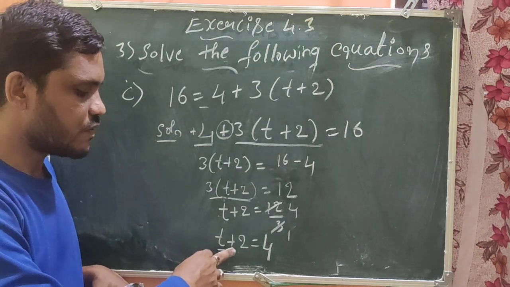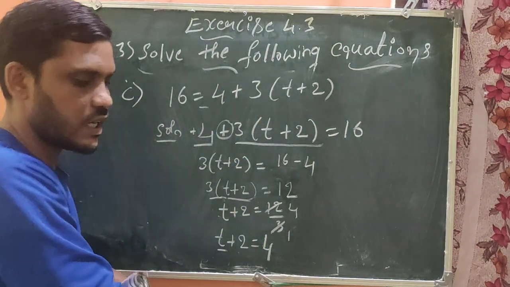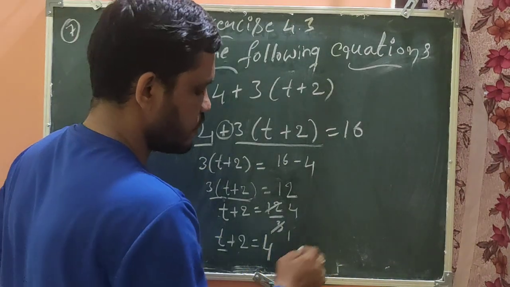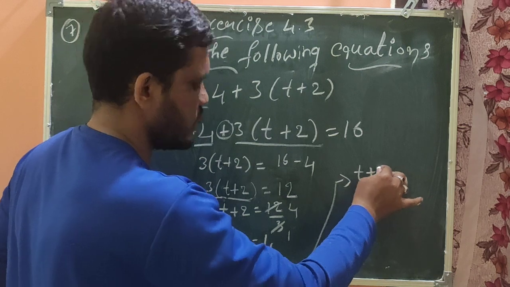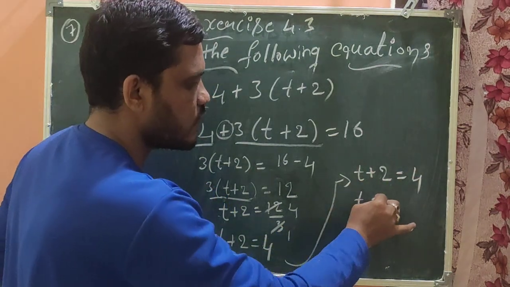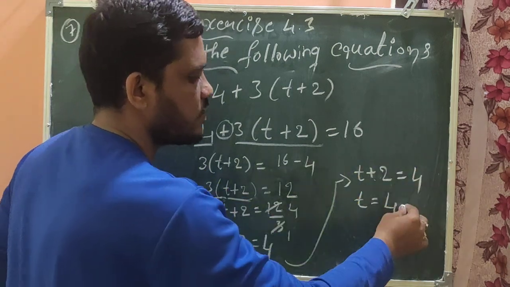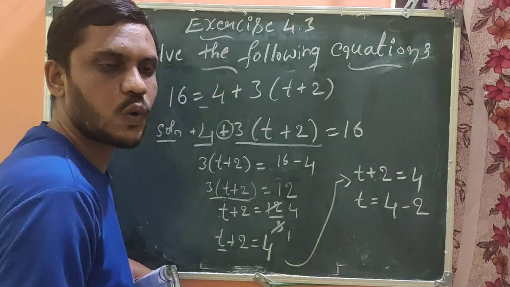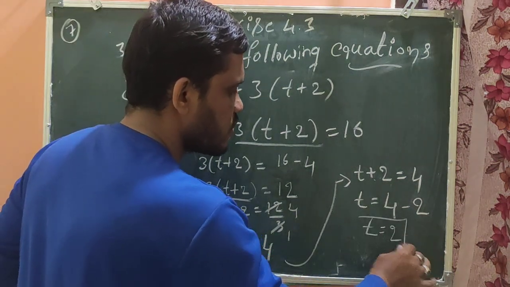Therefore we should shift this plus 2 from LHS side to the RHS side. Then t plus 2 is equal to 4. Then t is equal to 4 plus 2, from LHS to RHS side means that becomes minus 2. t is equal to 4 minus 2, which is 2.